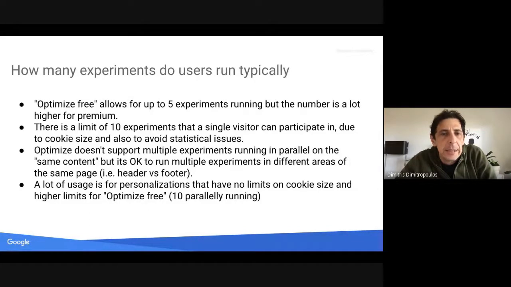Optimize is free, with limits for free users, up to 5 experiments. That's perhaps one of the reasons that you don't have a ton of things happening and a ton of overhead on sites, even though these limits are not really reached that much usually.